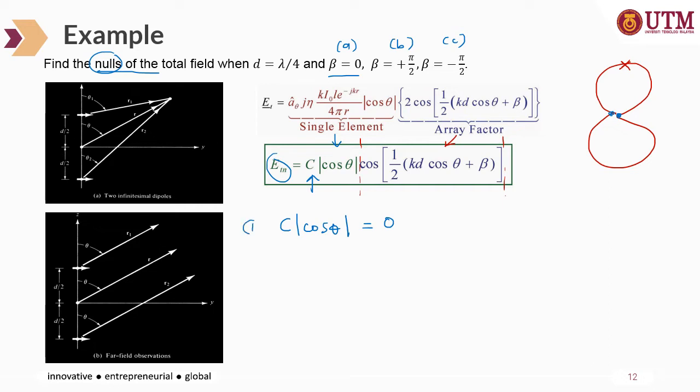The second step, the array factor cos of 1 over 2 kd cos theta plus beta equals 0. You need to determine the theta, or theta n. We assume theta equals theta n, at which the nulls appear.